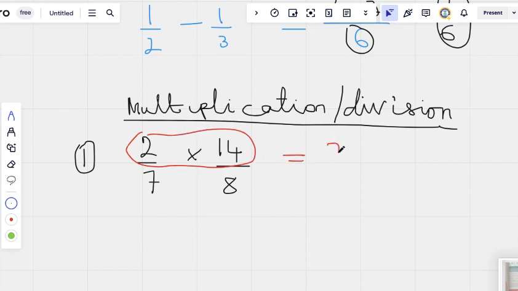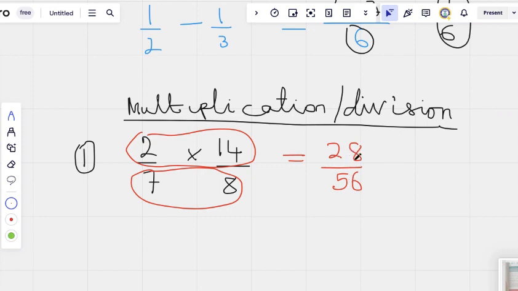Then you can also say 7 multiplied by 8, you get 56, right? So you write 56 here, and then you begin to reduce to the simplest term. You see, these are big numbers, especially if it's bigger than this. It becomes very cumbersome, so you still have to reduce this.